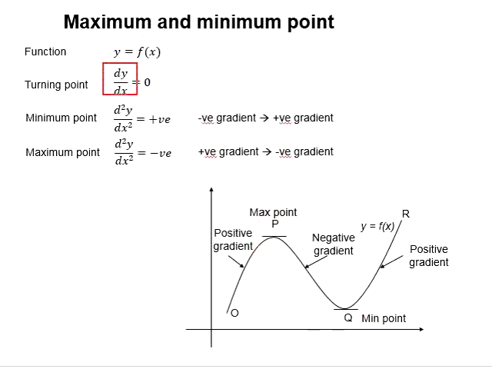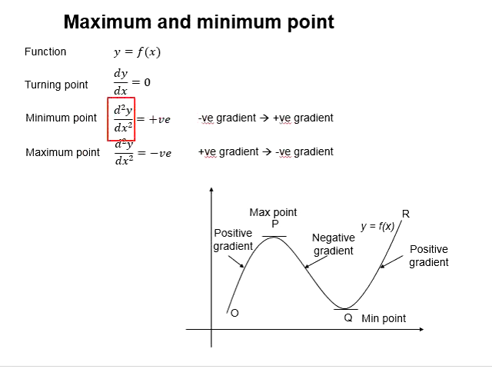This dy/dx is actually the differentiation of the function y equals to f(x). At this stage, you only know this will be a turning point. In order to determine whether it is a maximum or minimum point, you need to differentiate further.